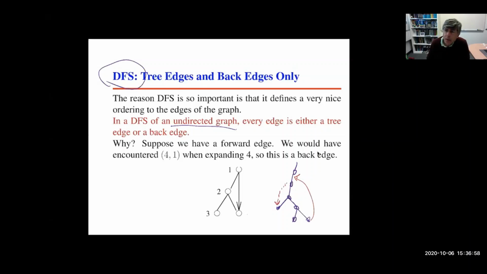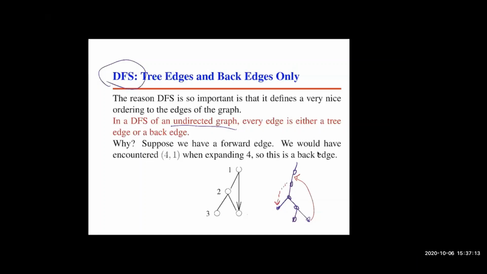Why not? Is it possible that you have an edge that goes to your grandchild? So in the case of the one with 1, 2, 3, if it was a valid depth-first search, then you wouldn't have the edge between 1 and 3, since you would continue right down.